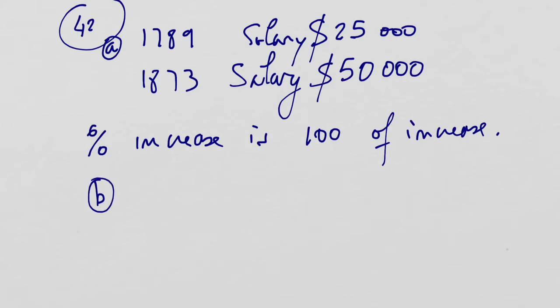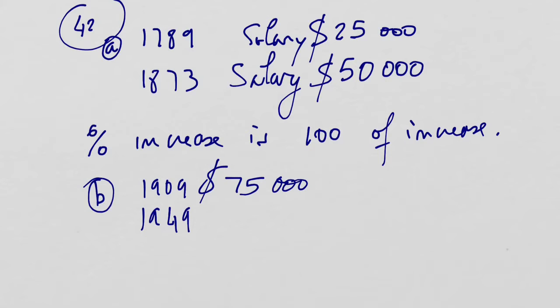Now for question B, we have to determine the percent increase in salary from 1909, when the salary was $75,000, to 1949, when it was $100,000.